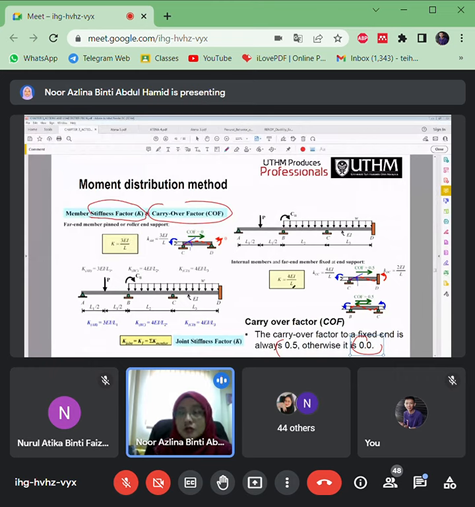So how to choose between these two stiffnesses? It depends on its location and its support.